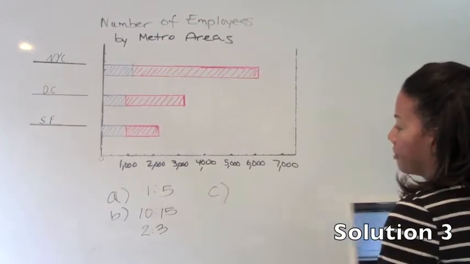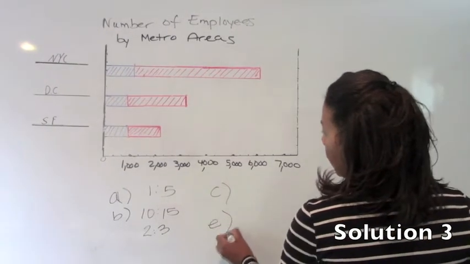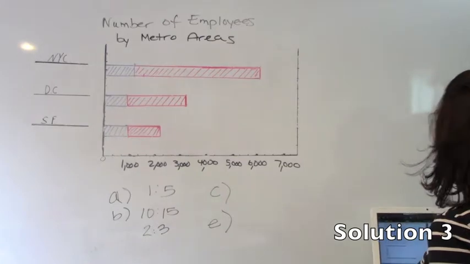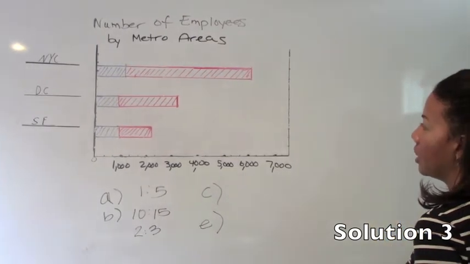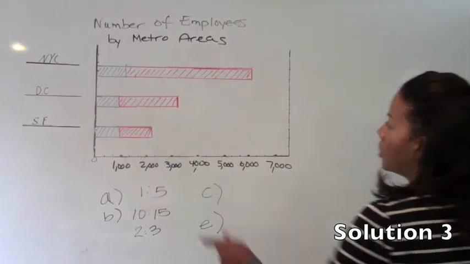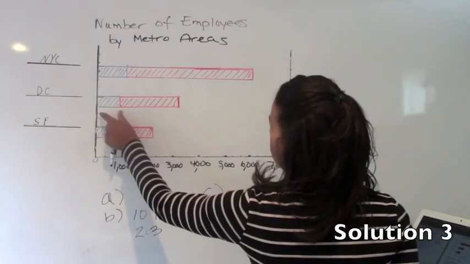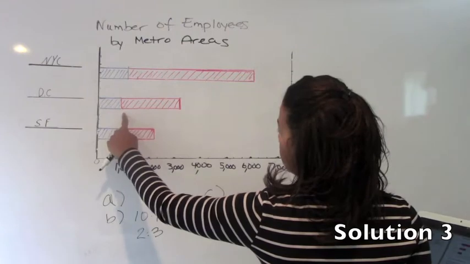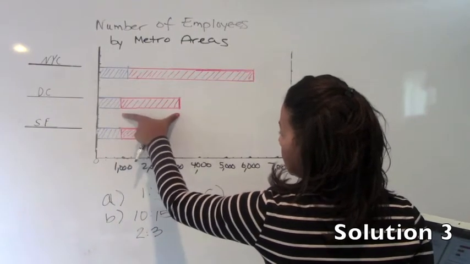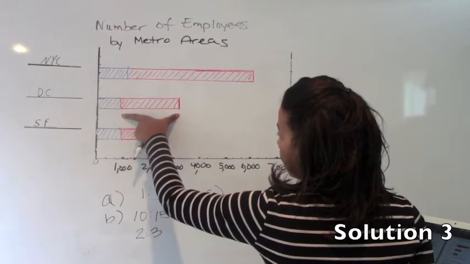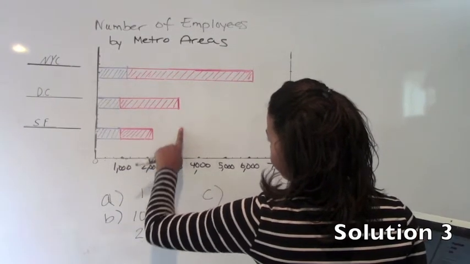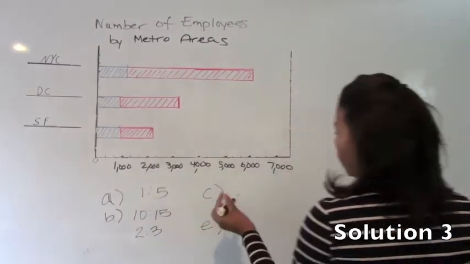So for C and for E, so starting with C, C says full-time to part-time in Washington, D.C. So full-time to part-time. So now we're going from the red to the blue, which is going to be more than going from the blue to the red. So from the red to the blue is approximately, let's see, 1,000 to 3,500.